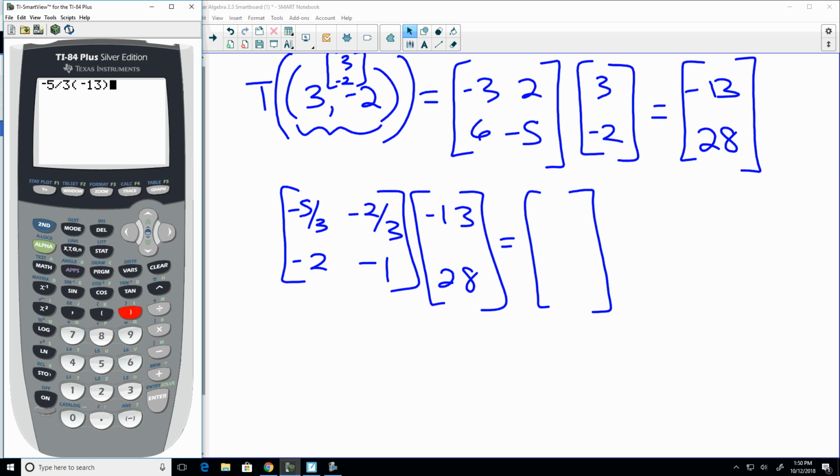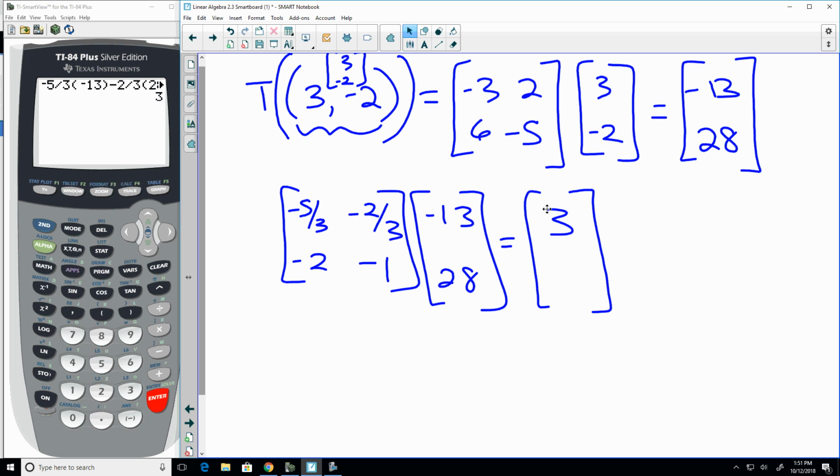I'm going to cheat, if you don't mind. That's 3. We don't have to do the other one, right? So this is 26. This is negative 28. 26 minus 28.